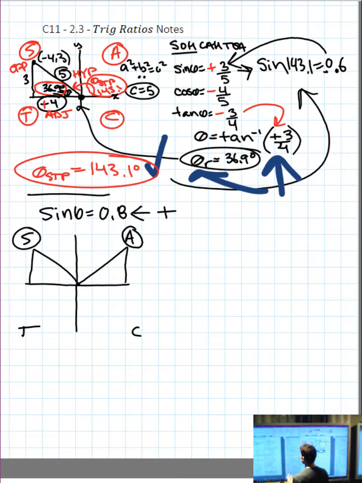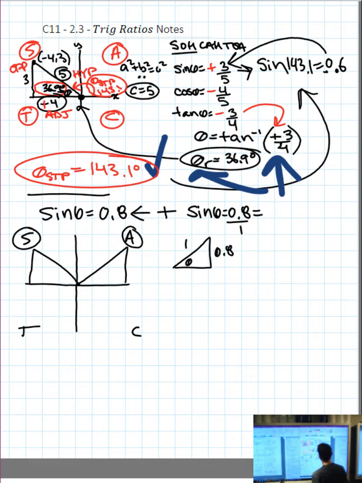Now, let's do a little bit of theory off to the right. So we know sine theta is equal to 0.8. Well, we know point's 8 over 1. Oh, interesting. So we could draw a right angle triangle, and the definition of sine theta is opposite 0.8 over hypotenuse 1. Sure.